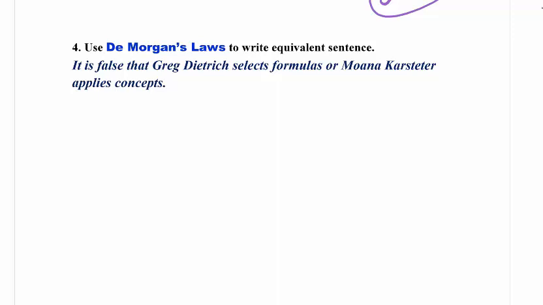The first thing you really need to do is you need to go to symbols first because you're going to make mistakes if you do not. If we're doing that, remember, let's circle our key words. It is false that, which is my negation, and I put my parentheses.